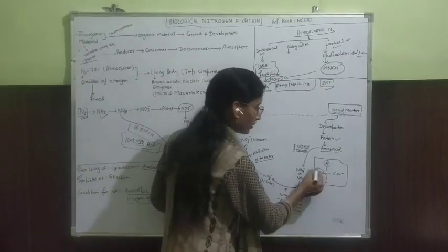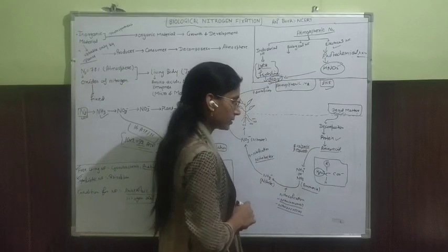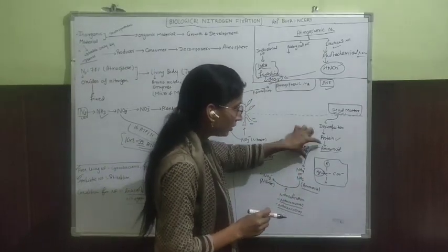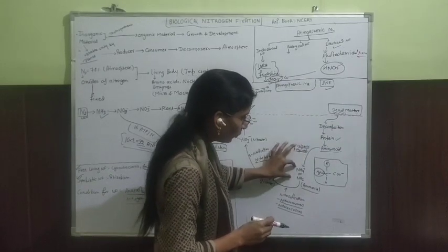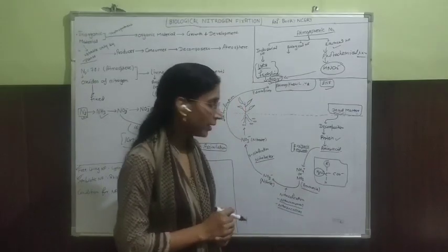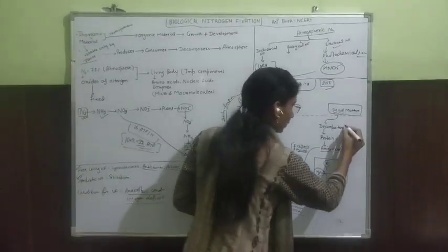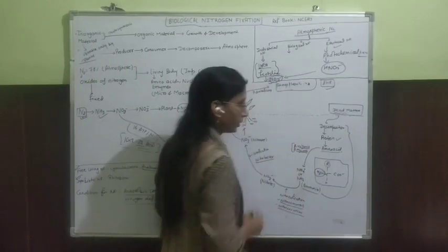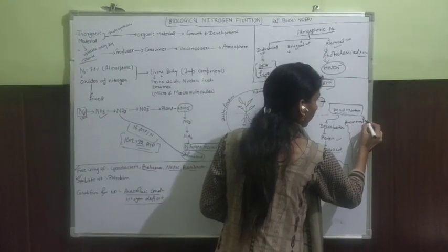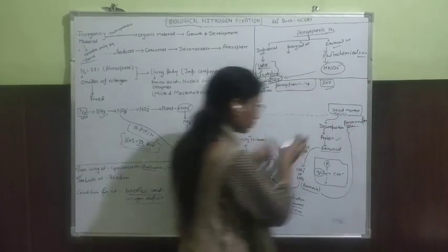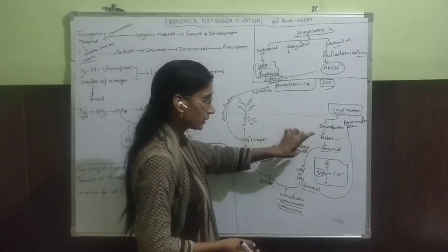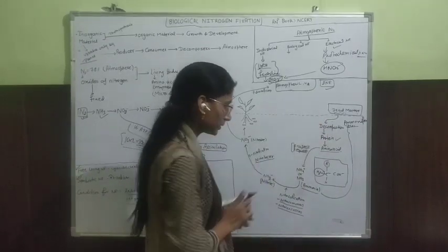So ammonia gets liberated from the amino acid, and the bacteria which help in the conversion of that ammonia from the amino acid are Bacillus vulgaris and Bacillus mycoides. And this process from the decomposition to the ammonia conversion is called ammonification. And those bacteria which help in ammonification are called ammonifying bacteria.